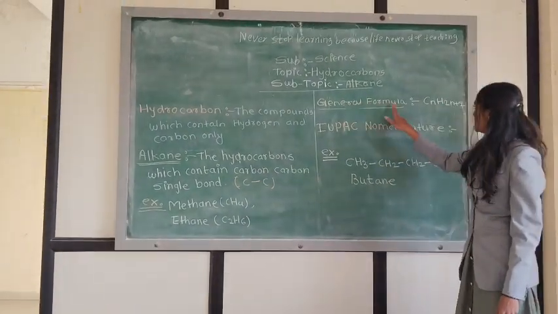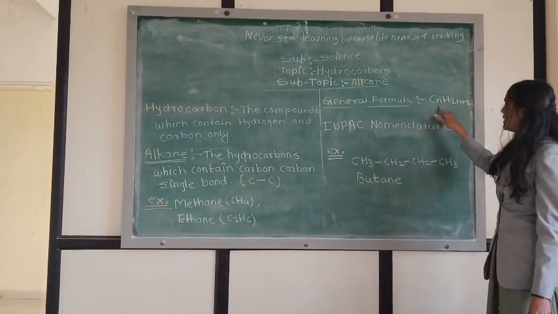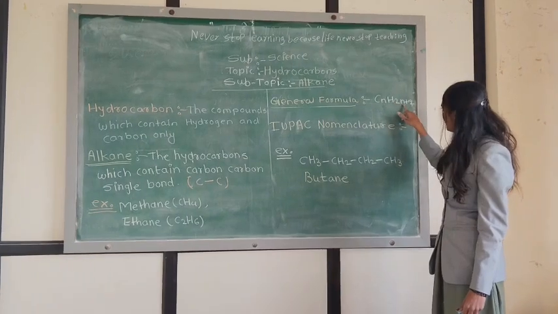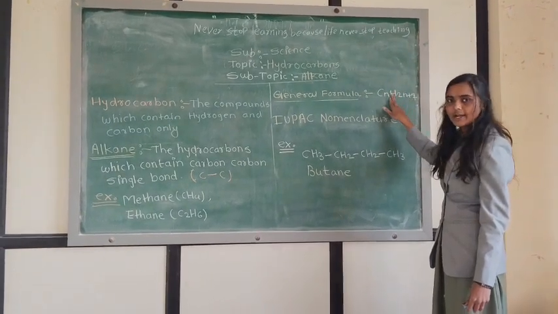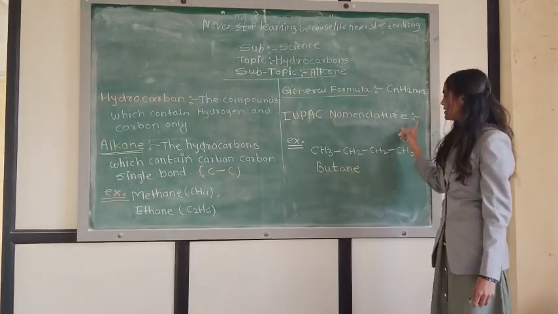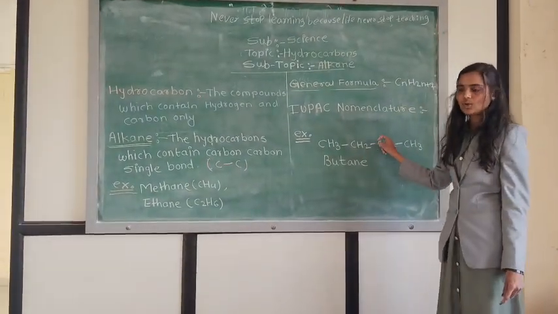Now what is the general formula of alkane? The general formula of alkane is CnH2n+2, where n is the number of carbon atoms and 2n+2 is the number of hydrogen atoms. Again we have seen the IUPAC nomenclature of alkane. So how will we give the name to an alkane?